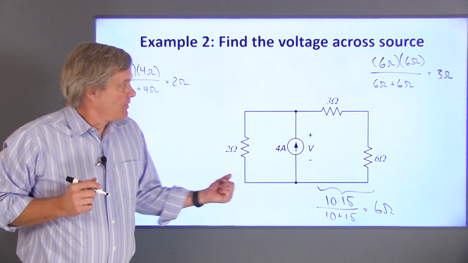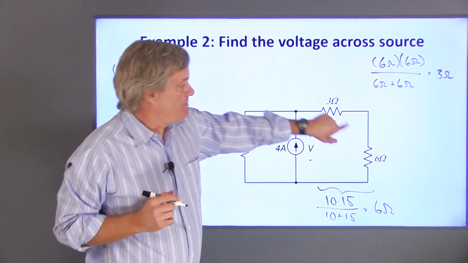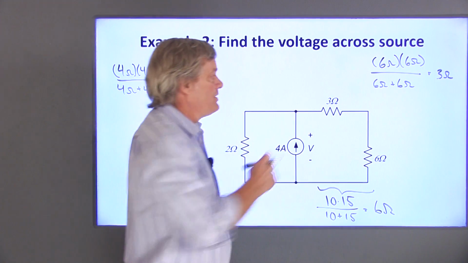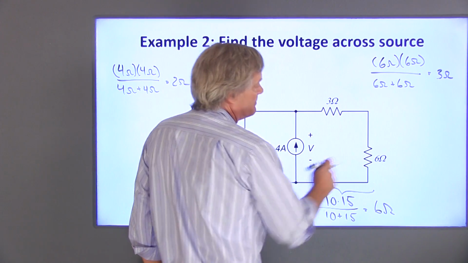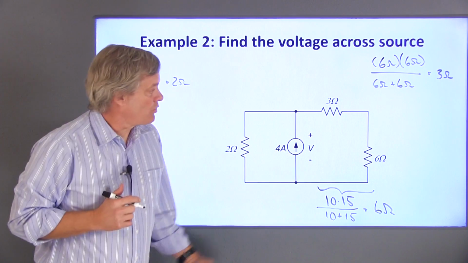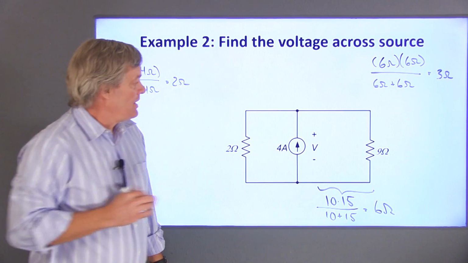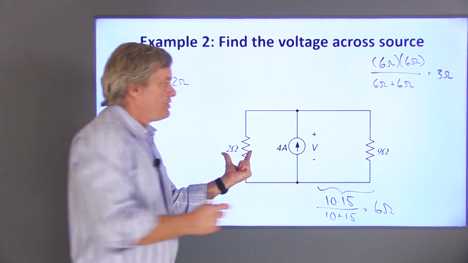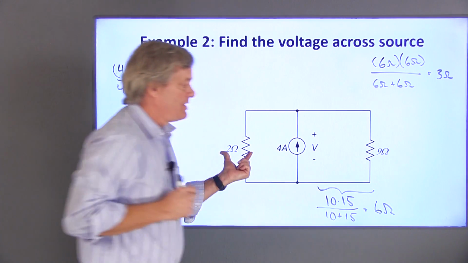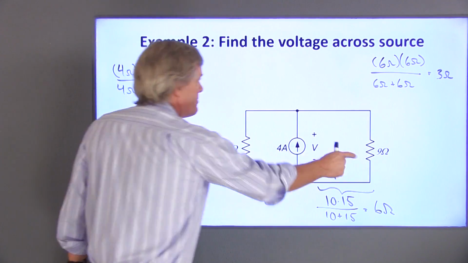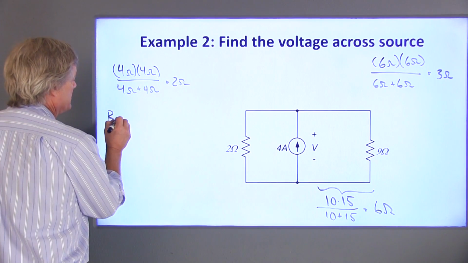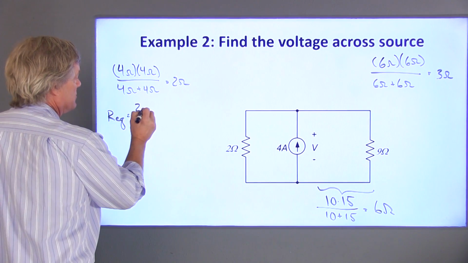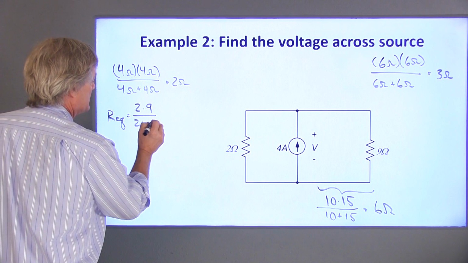Let's replace that. Now my only choice is to make these two in series. Adding those up, that becomes a 3 ohm plus 6 ohm resistance, or 9 ohms. If I loop around this outer loop, I encounter only the 2 ohm and only the 9 ohm resistance. So those two are in parallel, and the equivalent resistance, REQ, is 2 times 9 over 2 plus 9.